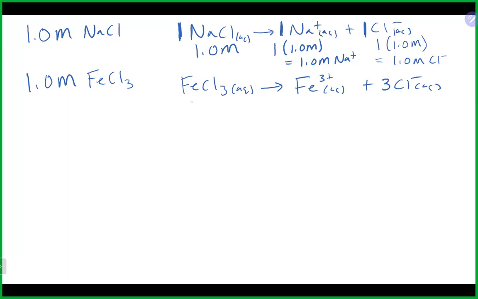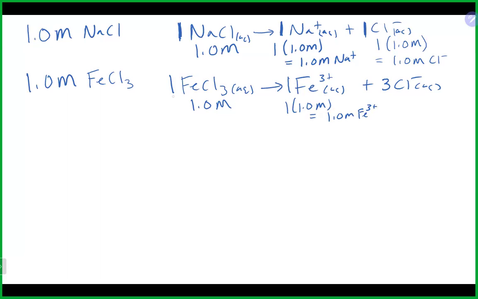So when we look at the concentration of the whole thing, which is 1 molar, the relationship between the whole thing and the iron is a 1-to-1 relationship, just like you do stoichiometry with the coefficient. You would take 1 times the 1 molar, and that gives you 1 molar iron 3 ions floating around.